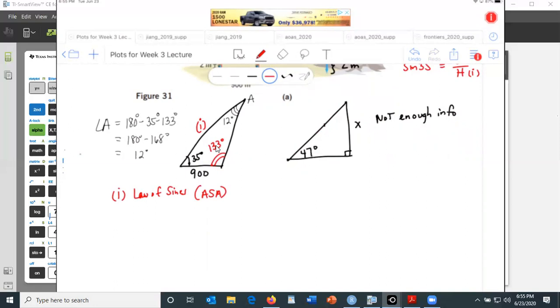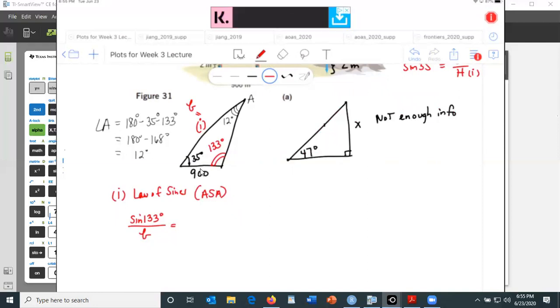So I need the sine of 133 over, let's call this B. That goes under there, because side B is opposite the angle of 133 degrees. Then we have the A ratio: angle 12 degrees, and its opposite side is 900.